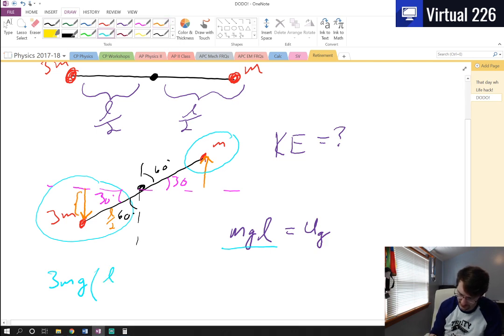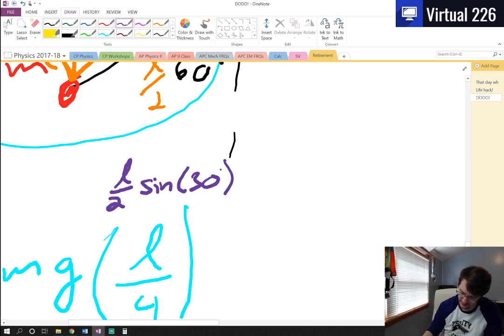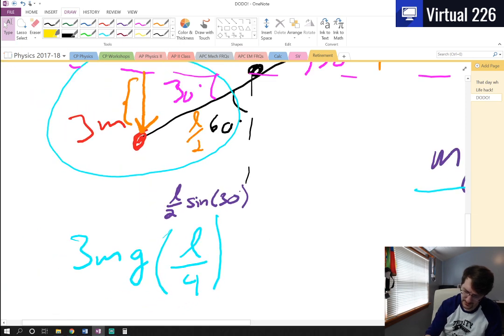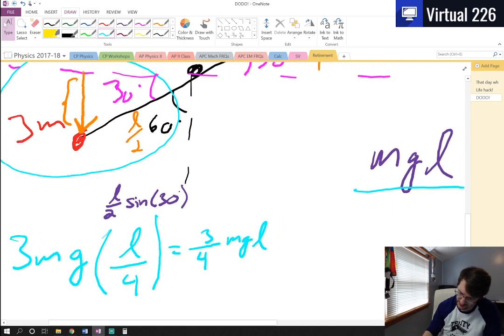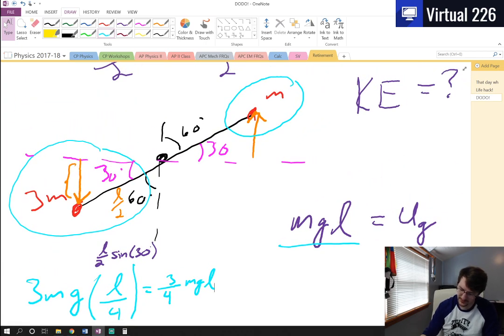So this is actually going to be L over 4. And like I said, in reality this is L over 2 sine of 30 degrees. Mathed, that gives us 3/4 mgl.